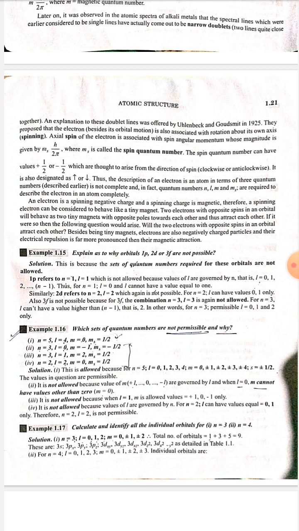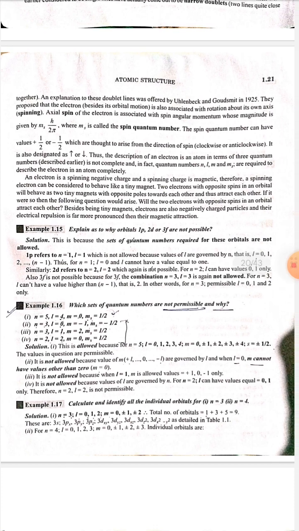Axial spin of the electron is associated with spin angular momentum, whose magnitude is given by ms h upon 2 pi, where ms is the spin quantum number. The spin quantum number can have values plus half or minus half, which are thought to arise from the direction of spin, clockwise or anticlockwise. It is also designated as an upward arrow or a downward arrow.